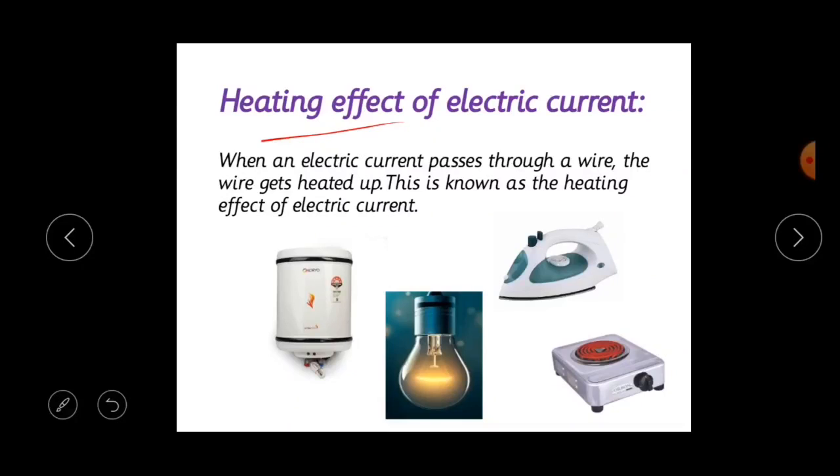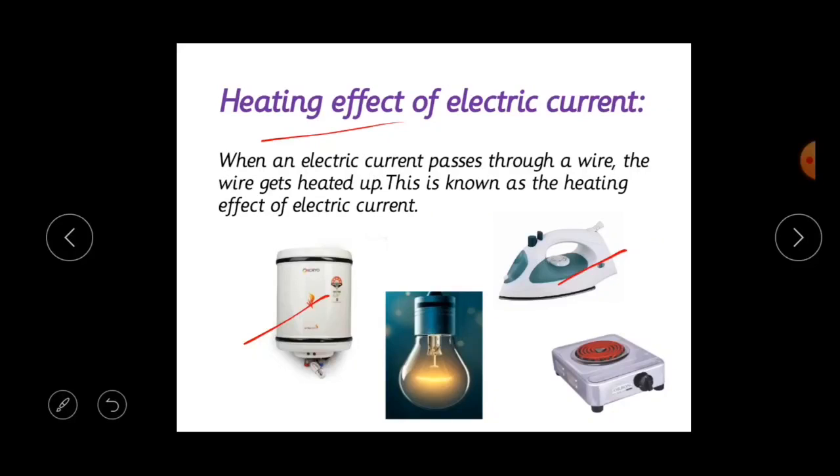This heat is produced by the electricity supplied to the bulb. When electrical energy passes through a conductor, some amount of energy gets converted to heat energy. Yes or no? That is why even our water heater, geyser, and iron get heated.